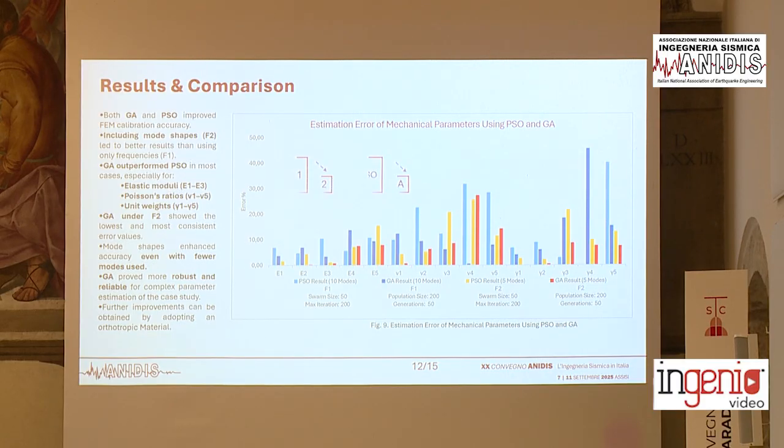As you can see, the blue colors are genetic algorithm and PSO under F1, which is the first objective function only based on frequency, and the red and orange ones are the second objective function for both algorithms.